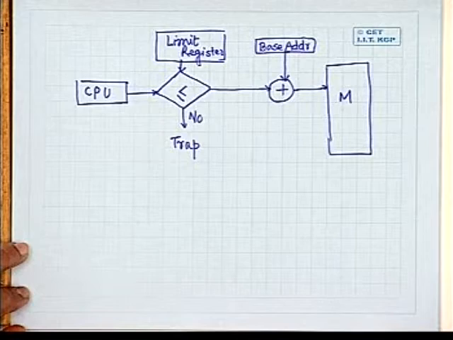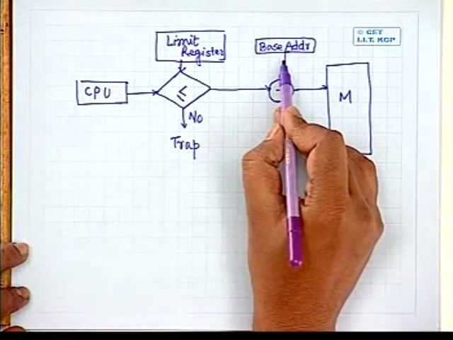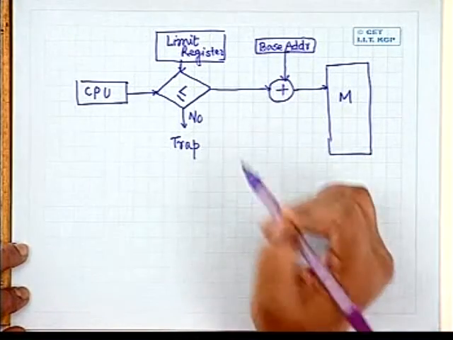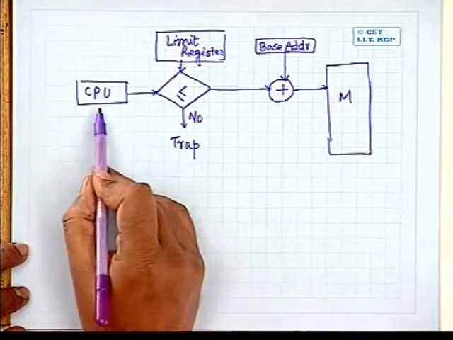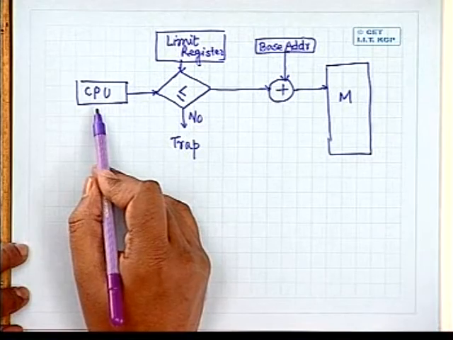So in this case, obviously the base address is the same as the lower bound register, because that is the minimum address that can be generated, assuming that the CPU does not generate any negative address. The address generated by the CPU is always 0 or more.